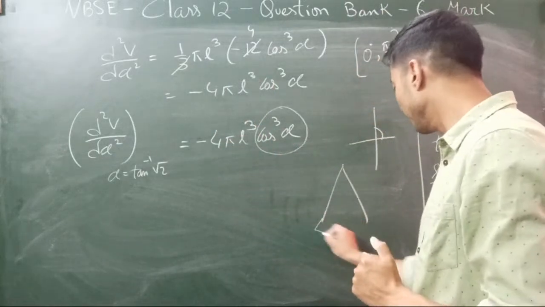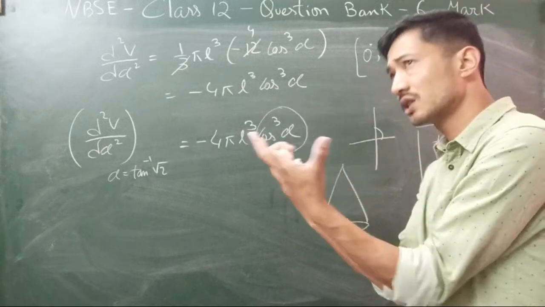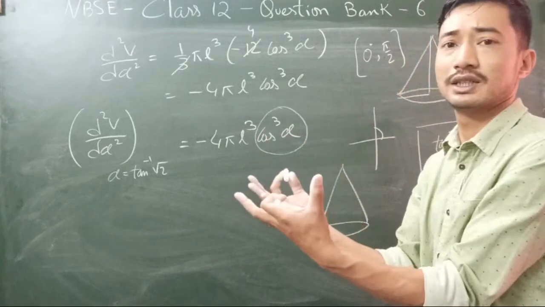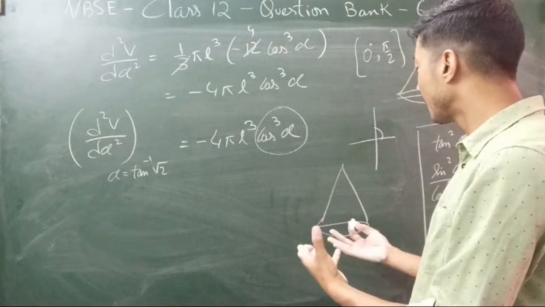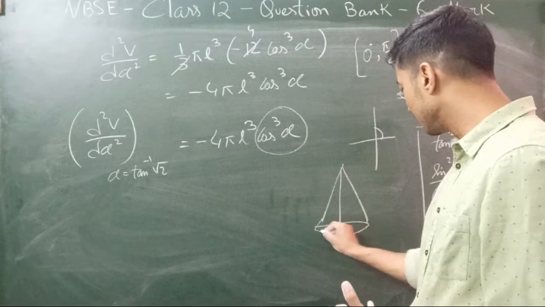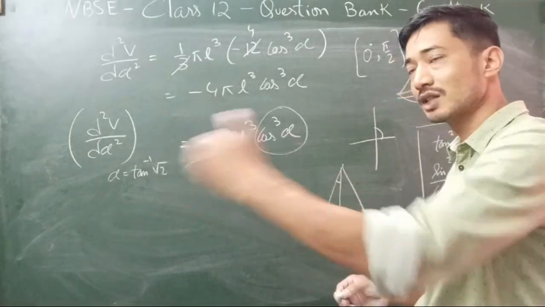What I'm trying to tell you is you don't have to solve and find out. Sometimes we can just assume things without actually solving it, especially for this kind of questions. So semi-vertical angle of a cone definitely cannot be more than 90. It has to be between 0 and 90 degree only.